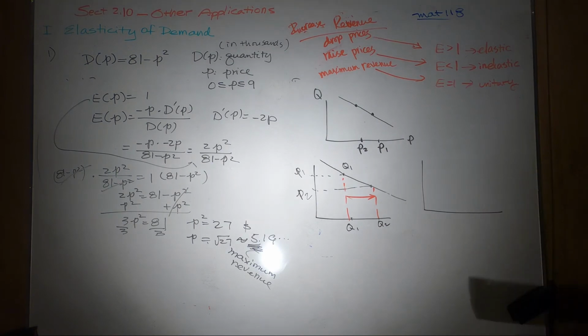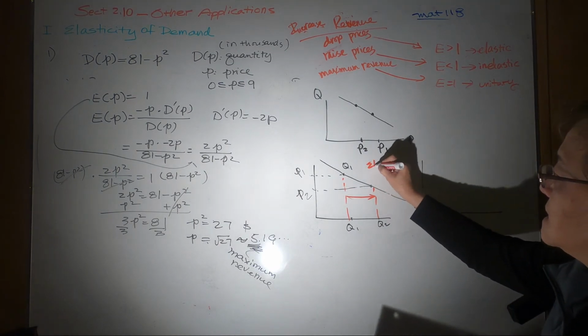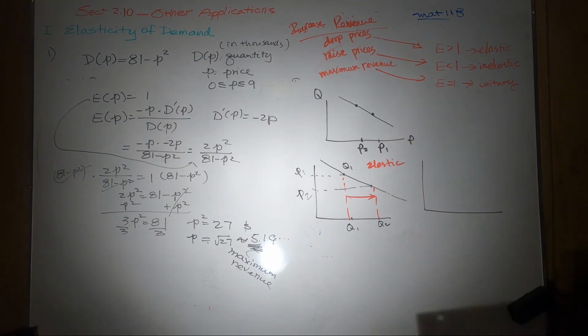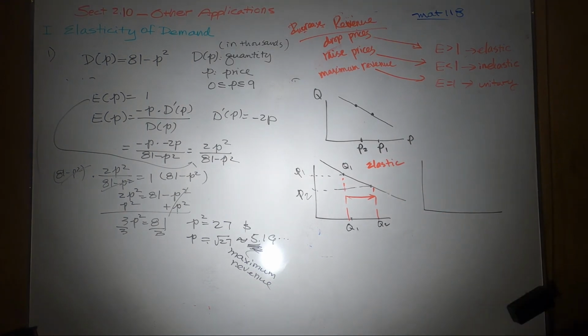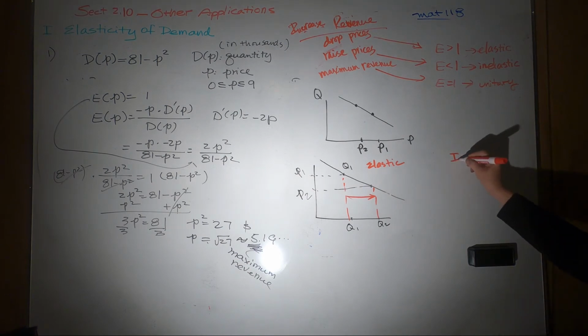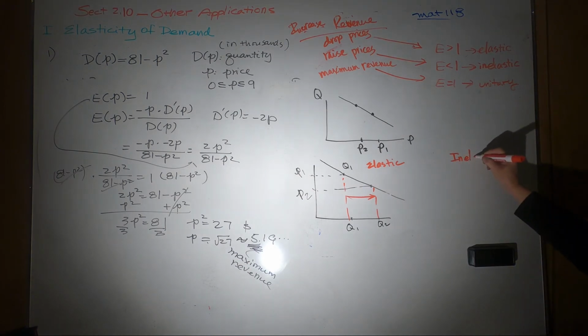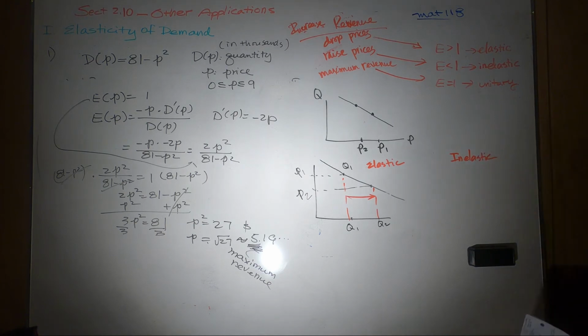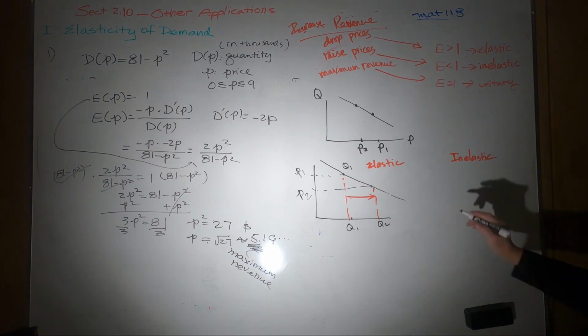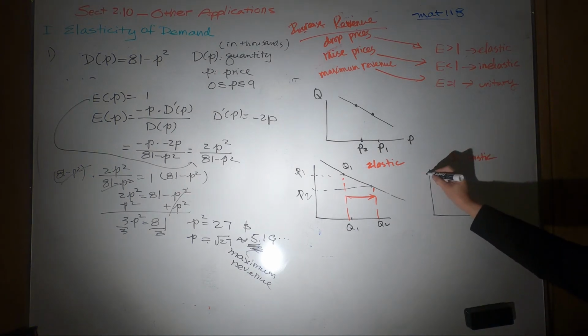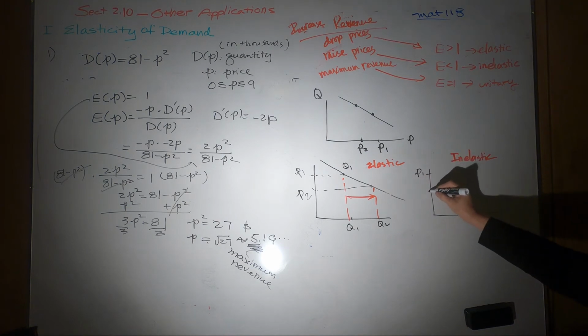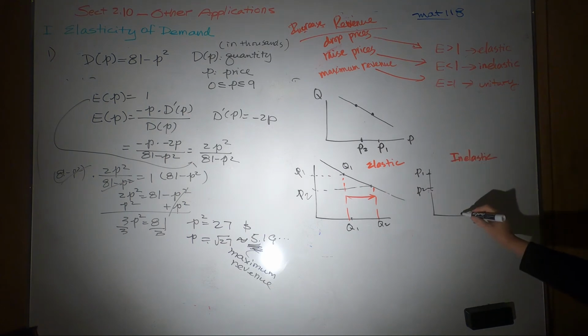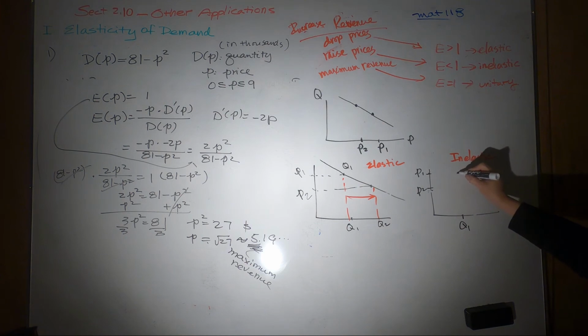That's a regular one, say, if this one is elastic, okay? And for inelastic, okay, you might have a situation like this. So if your price drops from P1 to P2, same way, okay? When you have P1, you might have a quantity Q1 right here.